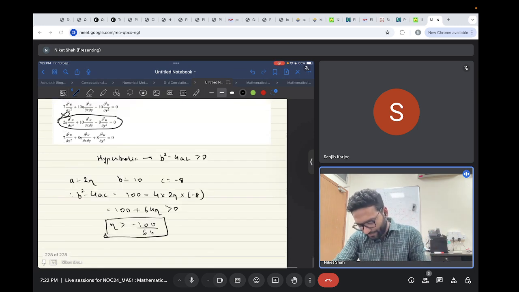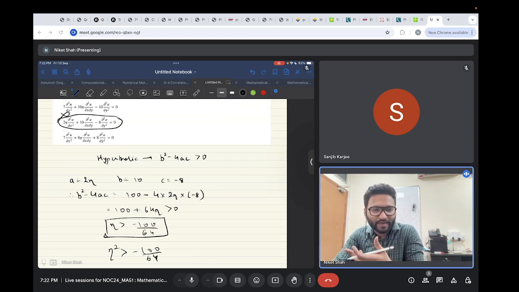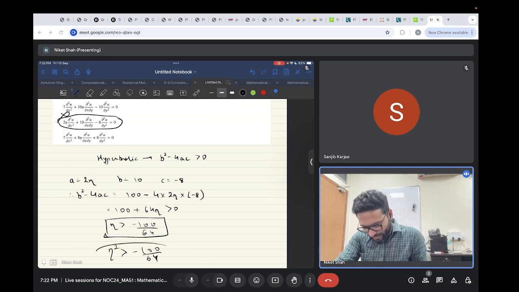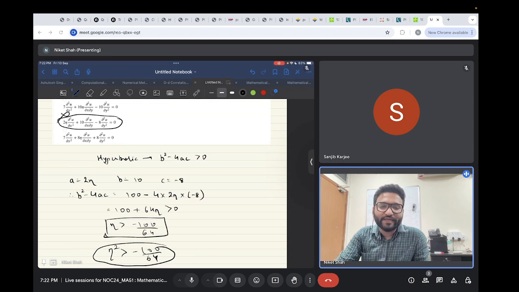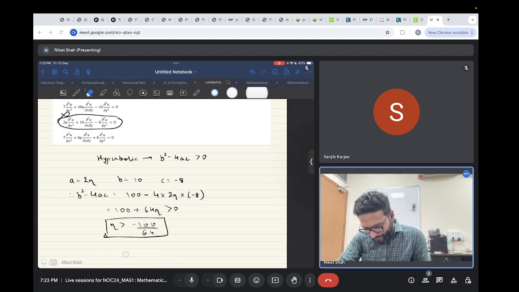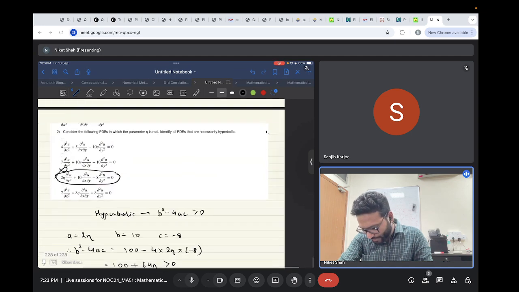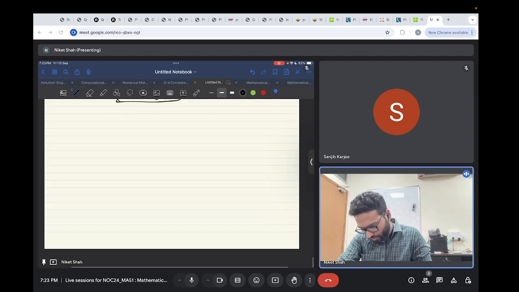So for example, if you get something like eta square greater than minus 100 by 64, in the other parts, then clearly this is necessarily hyperbolic. So you have to find some case like that where it is necessary for the equation to be hyperbolic. The one that we saw, it's not necessary. Okay, so that's the point. You can check the other parts. I'll move on to the third question.